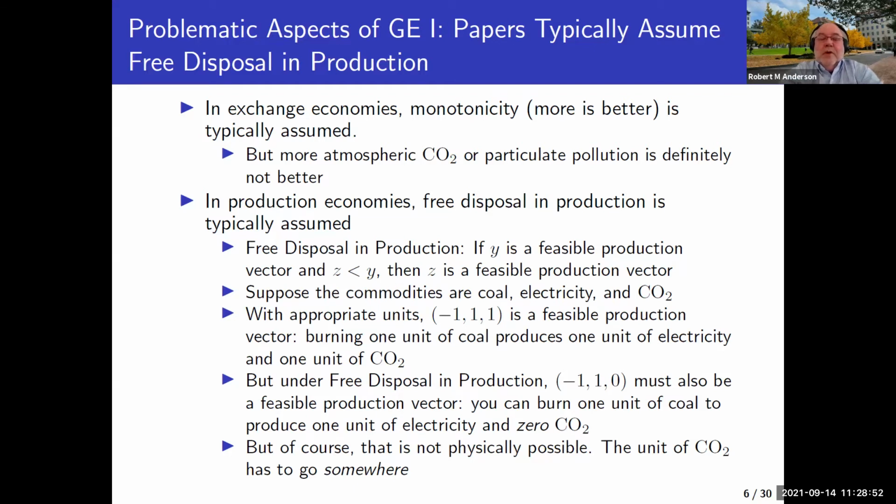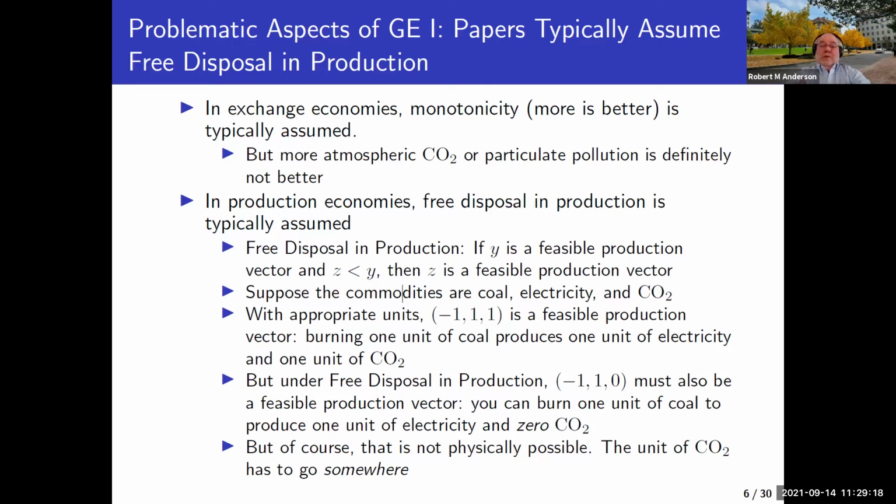Suppose that Y is a feasible production vector. It will have some negative components that represent inputs and positive components that represent outputs of production. And Y being feasible means it's possible for a firm to take the input specified by the negative components and produce the output specified by the positive components.